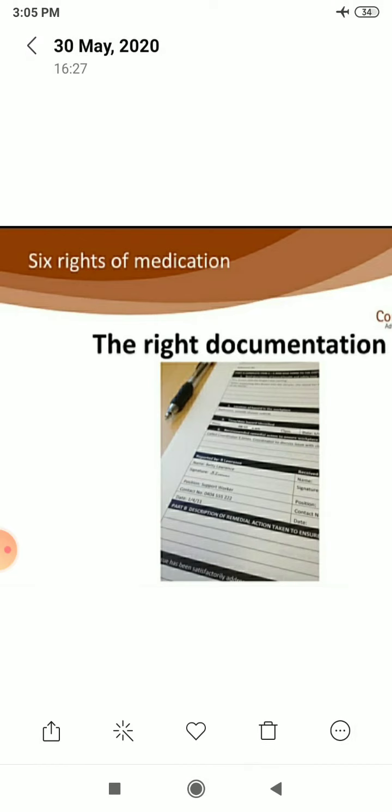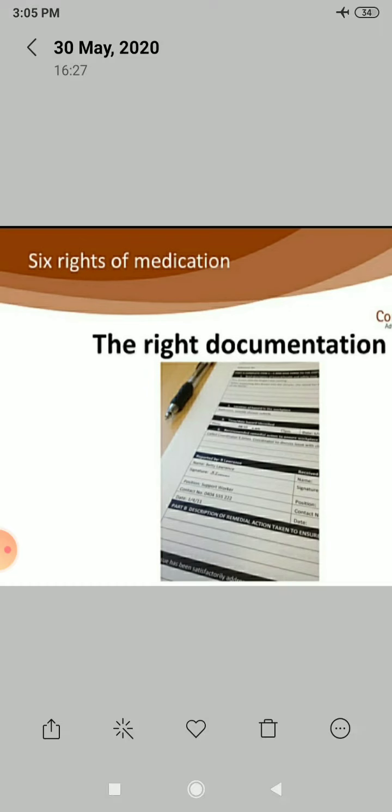For example, the apical rate for a full minute must be taken and recorded before a person takes digoxin. If the rate is 54 or more, the person can take it. The dose must be held and the supervisor must be notified if the rate is less than 54. This must also be written in the person's record.